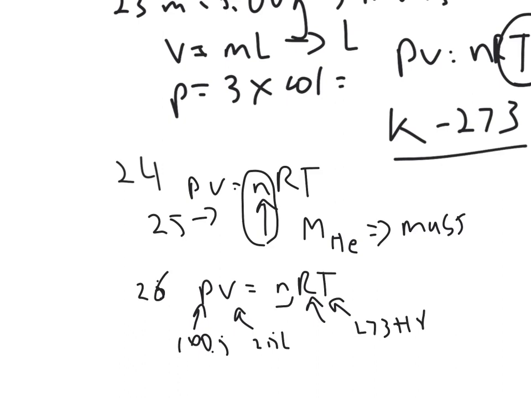What you don't know is n. You can solve for that, find your n, and then use molar mass is equal to mass divided by moles. Because you now have this, and you know that there's 6 grams, you can find your molar mass. Let me know if you have any questions about that.